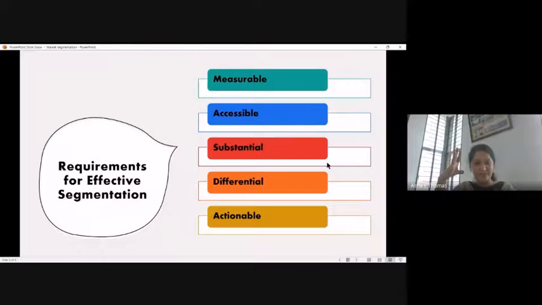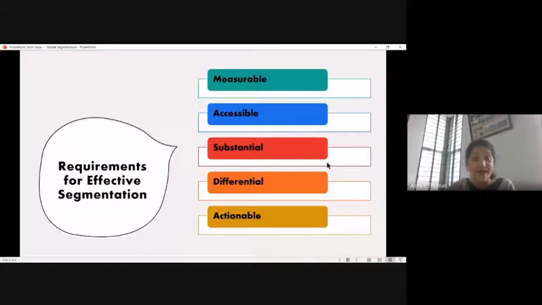And then substantial. Suppose I find that there is a market, but it is very minimal. Suppose the demand for a particular product is very limited, it's not worth it for me to go with production of that. It's not worth it for me to advertise about that because the number of consumers coming for that is very limited.